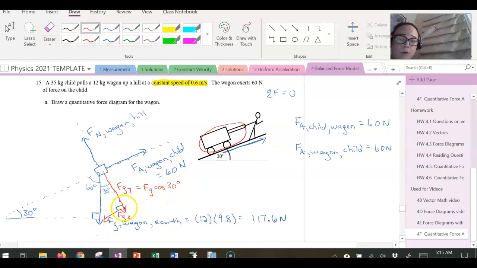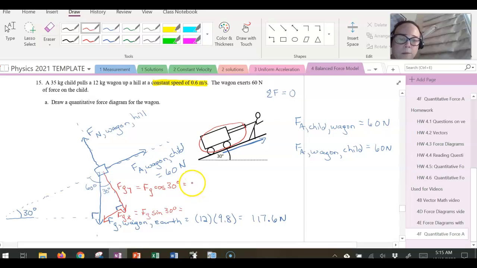And the x component is on the opposite side of the triangle from that 30-degree angle, so it must be the force of gravity times the sine of 30 degrees. So I'm just going to calculate those real quickly. So I've got 117.6, that's the force of gravity, times the cosine of 30 degrees.